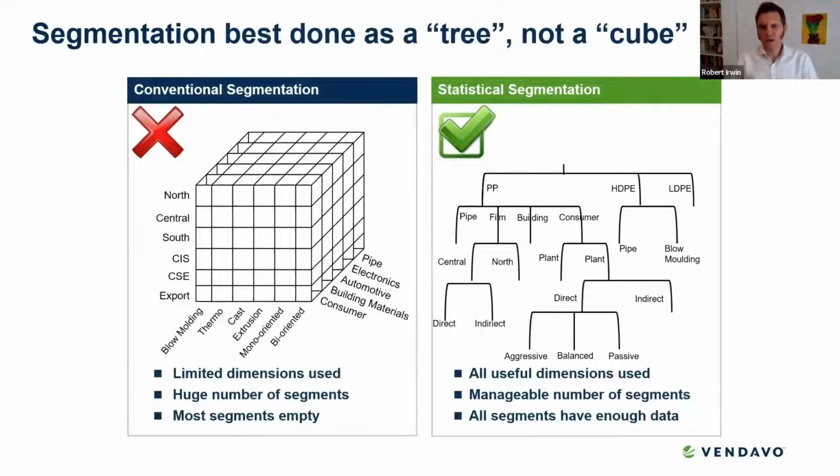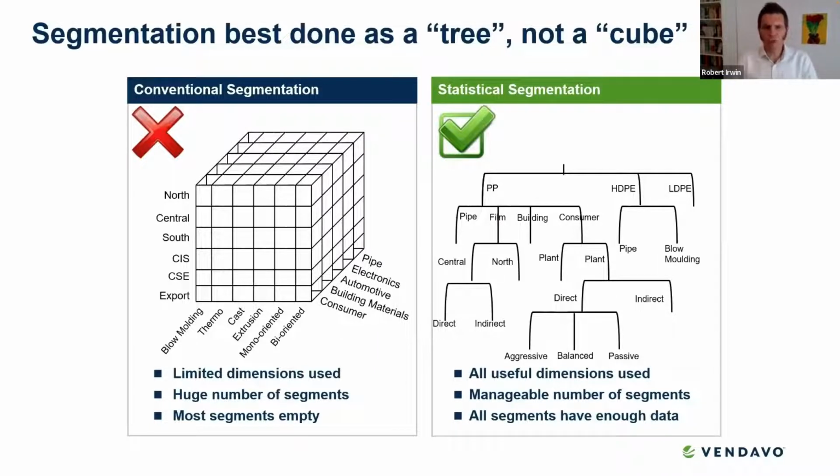model that we commonly describe as a tree, as opposed to a cube. The benefit of the tree model is that we will only use dimensions that are useful. We will have, at the end of the day, a manageable number of segments that can be understood, can be interpreted by the sales organization.